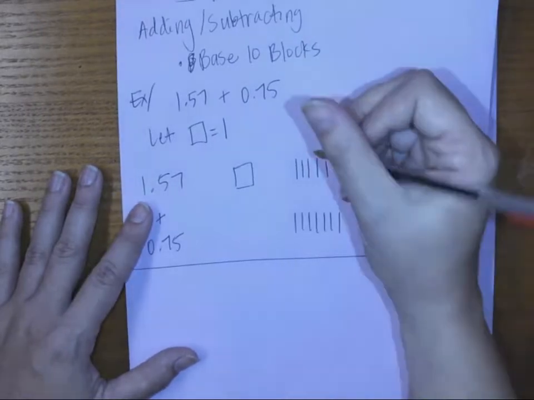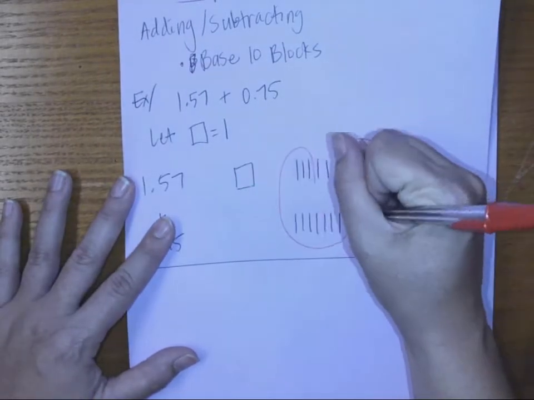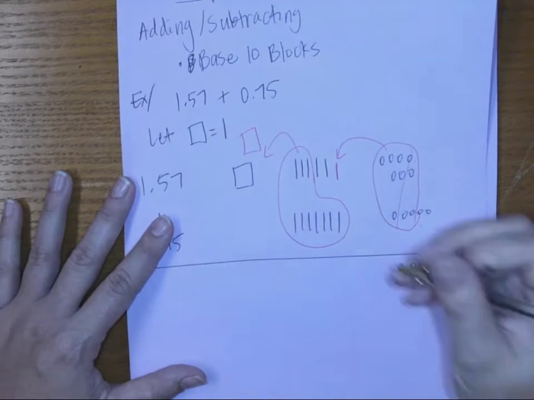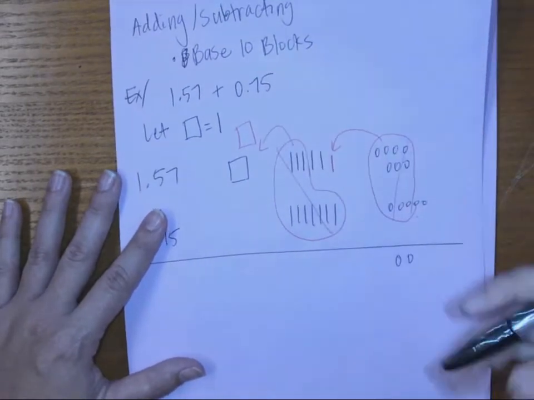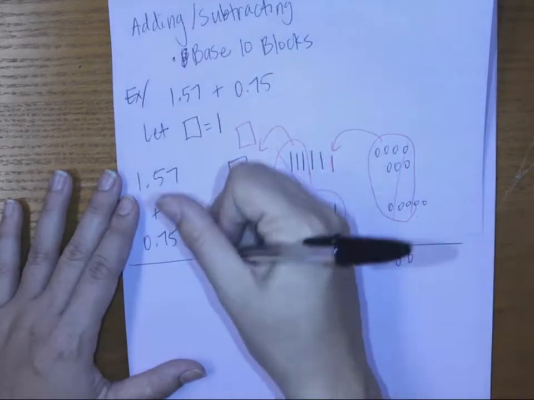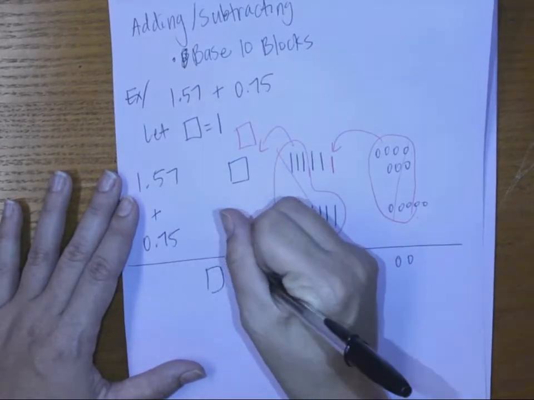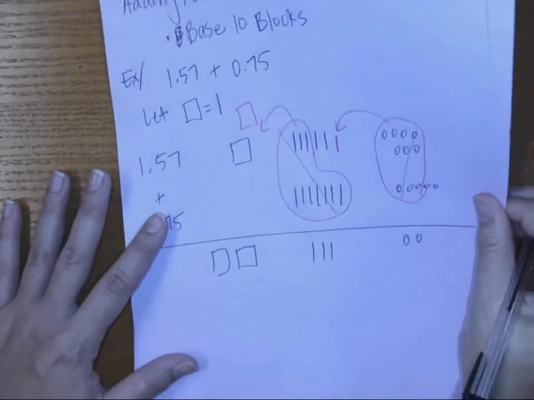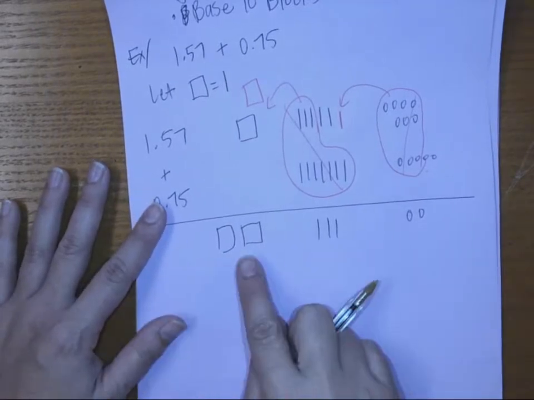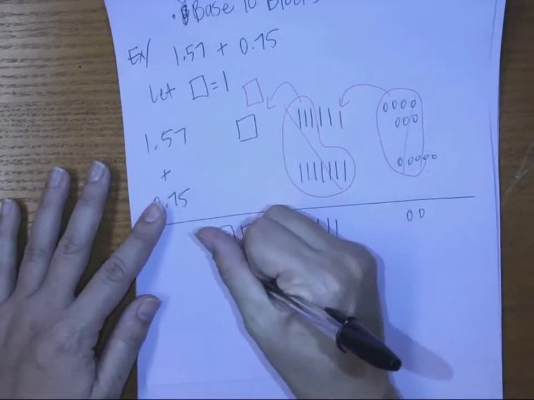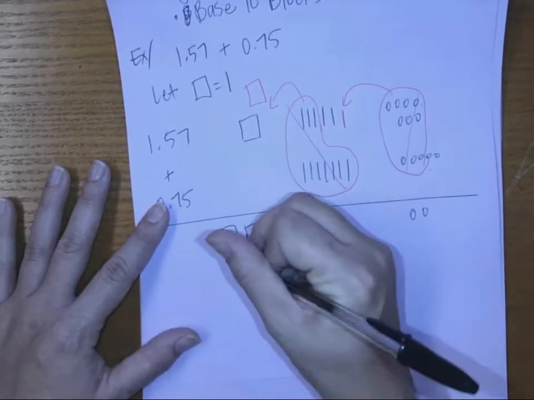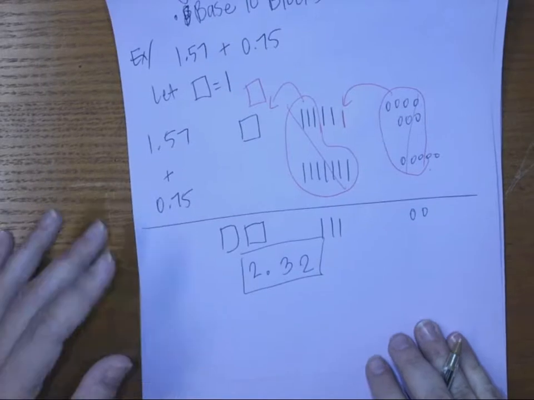If I use 3 of the longs from this one, I can put those together and make a flat. So I have 3 longs left over after that regrouping, and then I end up with 2 flats. So my answer for this is 2 flats, 3 longs, 2 units. Well, remember, flat's a whole, so that would be 2 wholes, 3 tenths, 2 hundredths. So 2 and 32 hundredths.